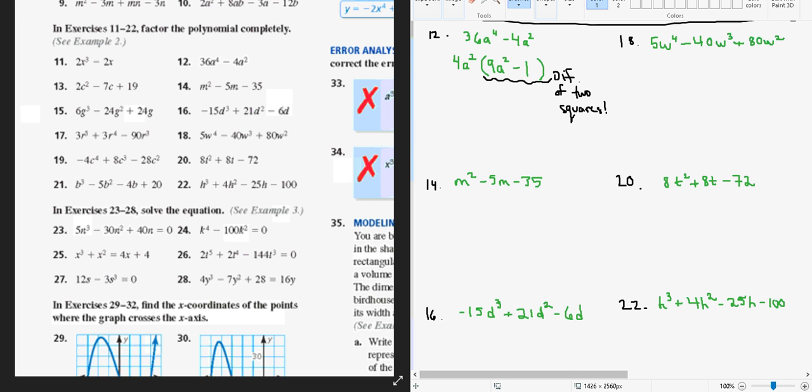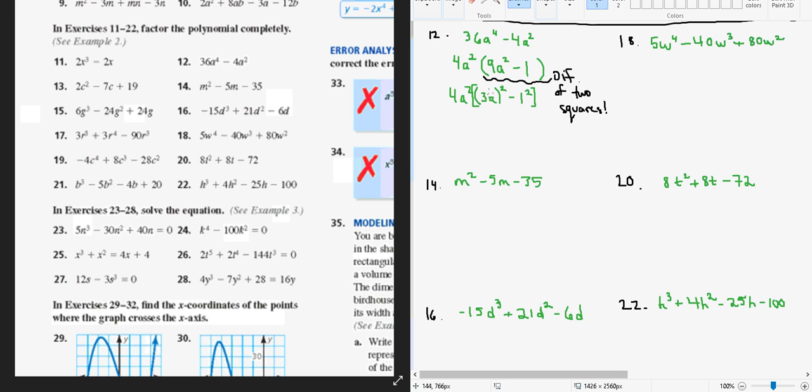What we need to use here is the difference of two squares pattern: a squared minus b squared equals a plus b times the quantity a minus b. So I'm going to write this as an extra step here. If you're starting to get used to this, where you can go right to the factored form, that's great. I'm going to write this as the quantity 3a squared, which is 9a squared, minus 1 squared.